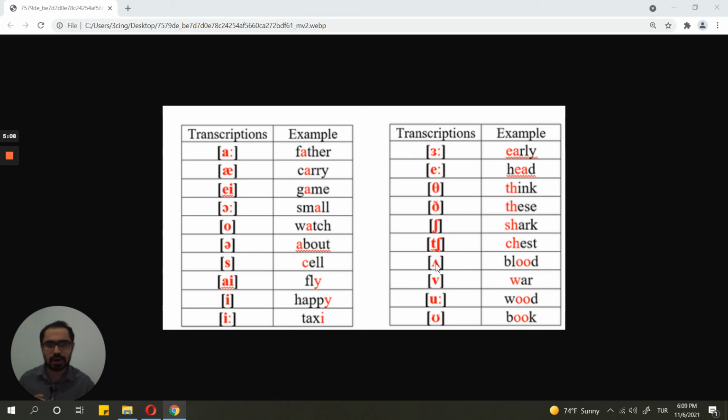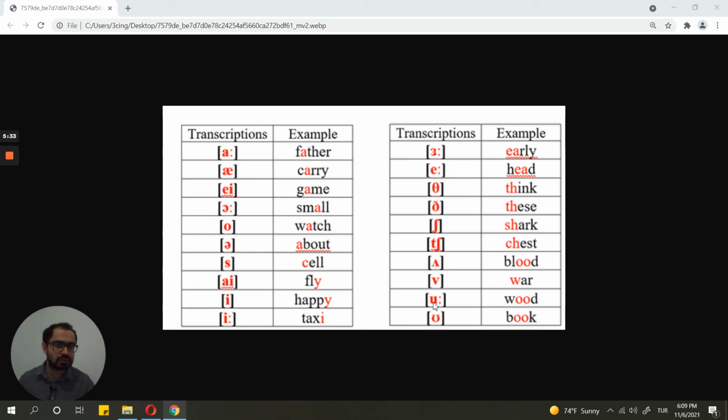Next one is a, but short a this time. Blood, flood, and etc. And the next one is v, war, or just like here, watch.